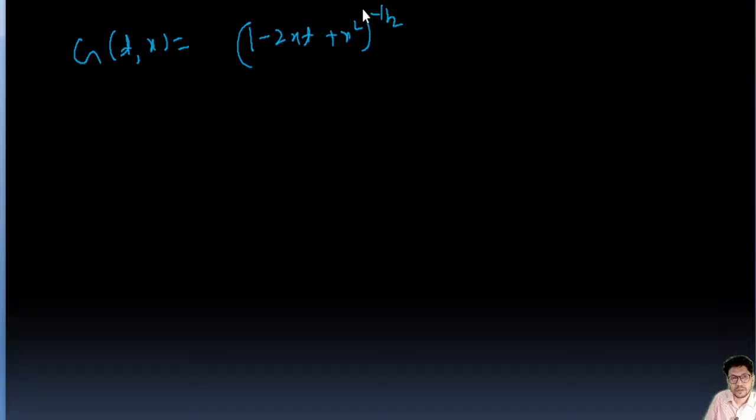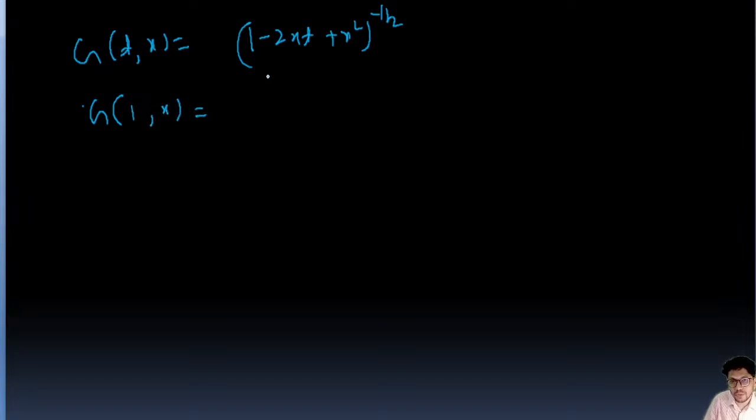So here we have the given generating function, that is G(t,x), which is (1 minus 2xt plus x square) to the power minus half. So here the value of G(t,x) is given, right? So we can find G(1,x) easily.